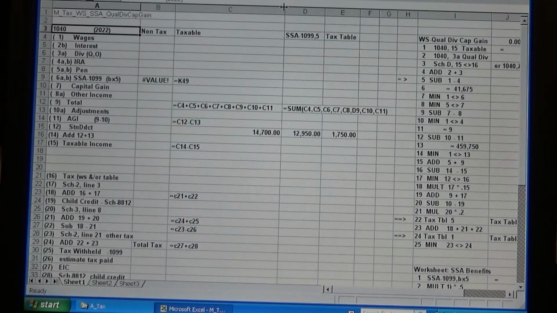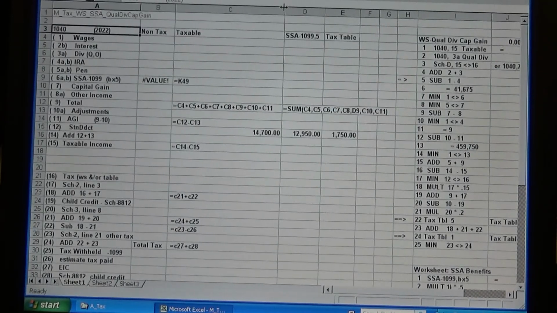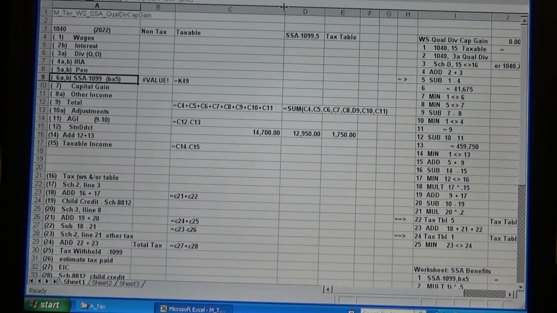Here are the formulas for the 1040 page 1, lines 1 through 15. I had to expand the column here for the totals in order to get the whole formula in, and for the next formula beside it. And that's the 1040. I haven't done the page 2.